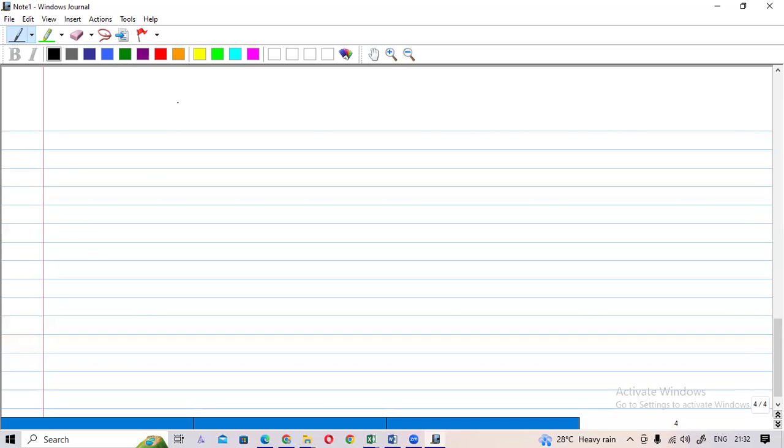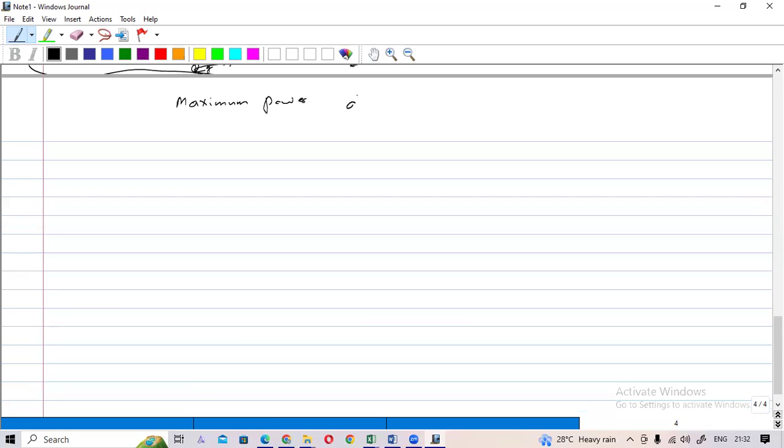Otherwise we can't get the maximum power to the load. So in the maximum power transfer scenario, the maximum power delivered to the load happens at conjugate matching. In the conjugate matching, we can get the maximum power.